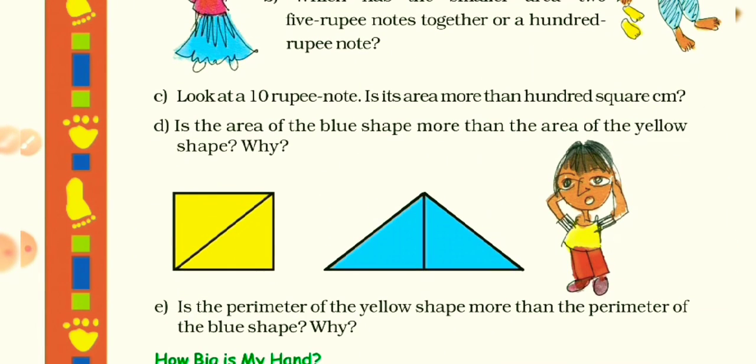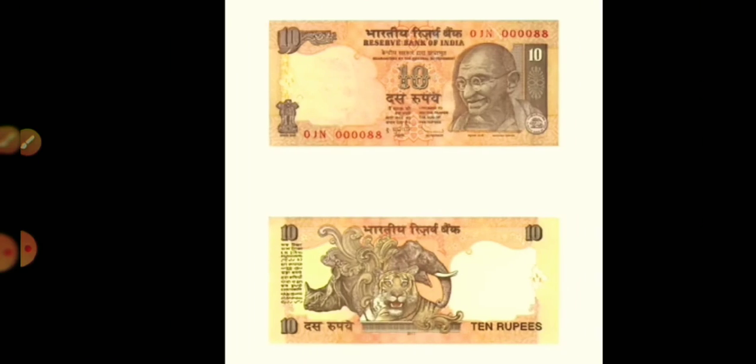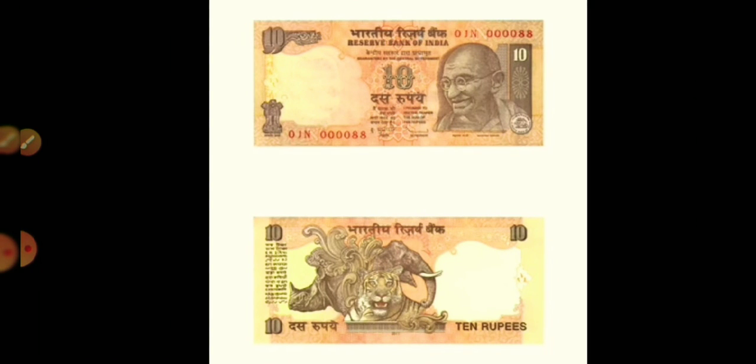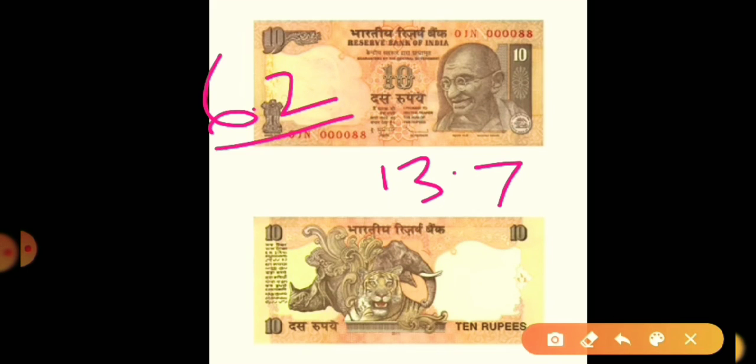Look, a 10 rupee note, is its area more than 100 square centimeter? So for that, come to the note of 10 rupee. Here you can see the length and the breadth of this 10 rupee note is 13.7 centimeter and 6.2 is the breadth.